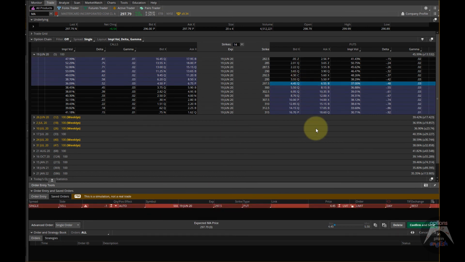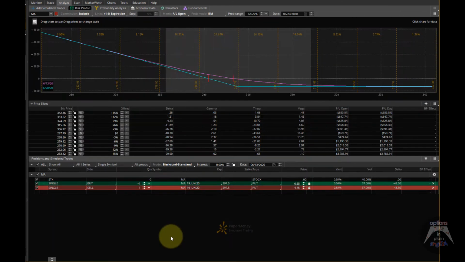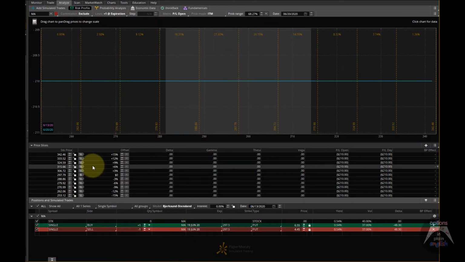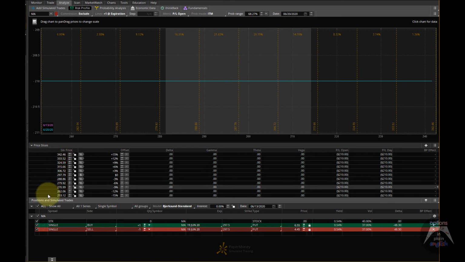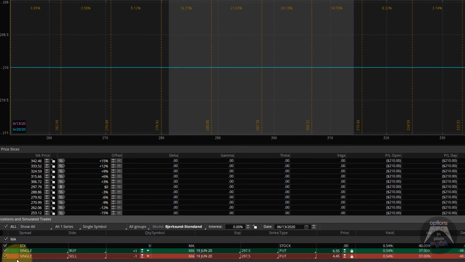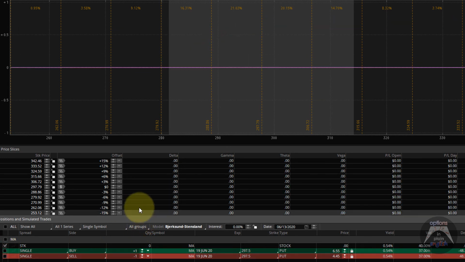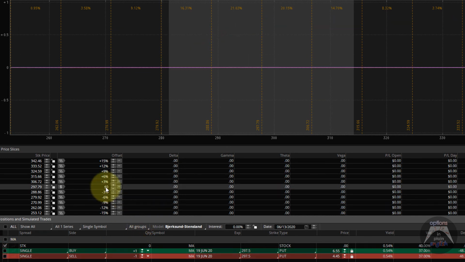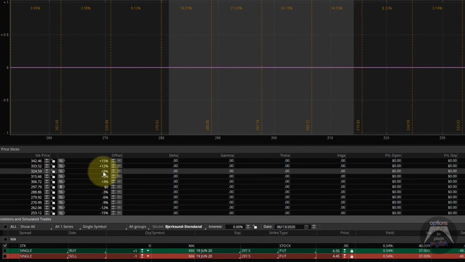So this trade, selling the put, is going to be bullish. The other one, buying a put, is bearish, of course. So we have these two trades. In this case, I'm going to analyze 11 different prices of the underlying, changing by every 3% of the underlying price.